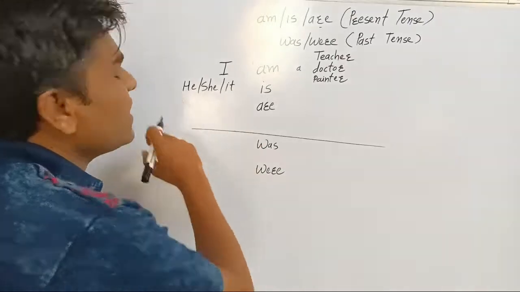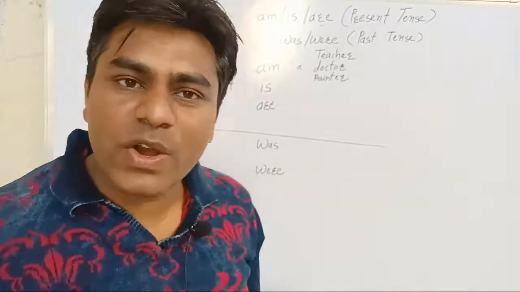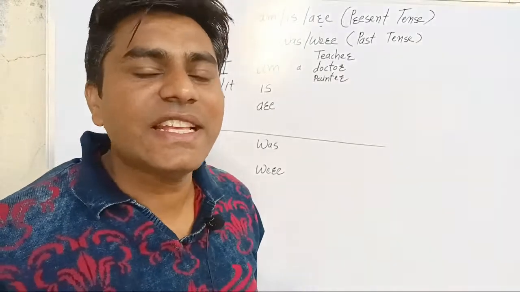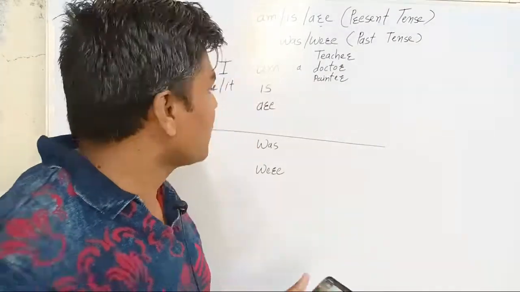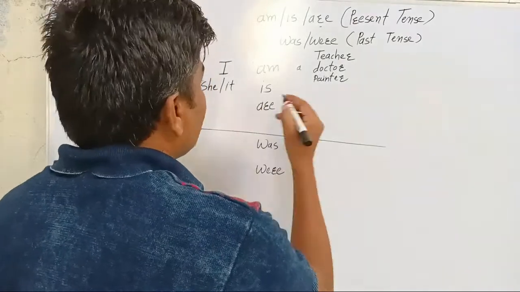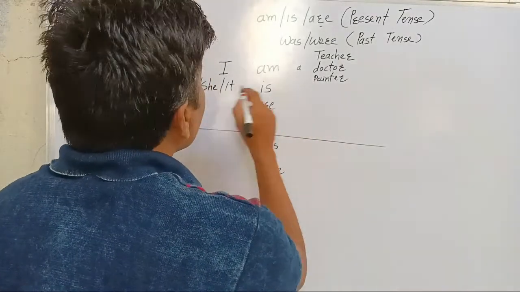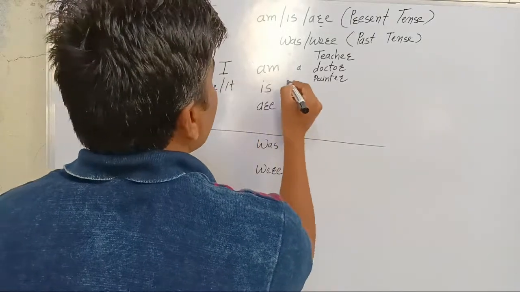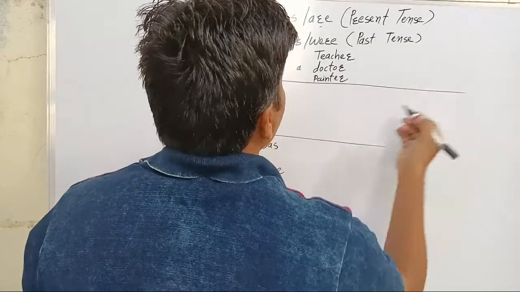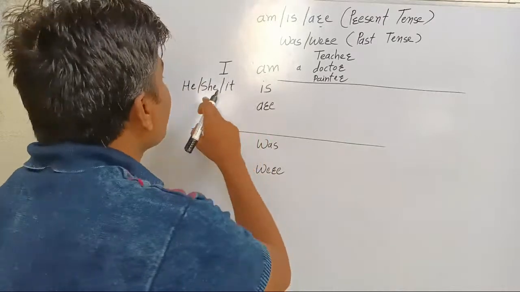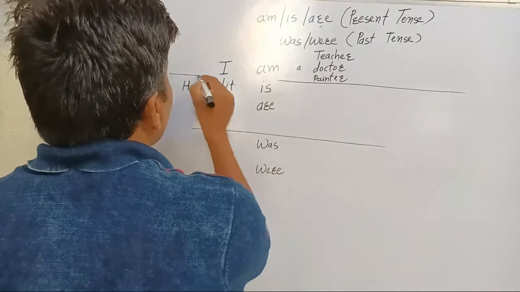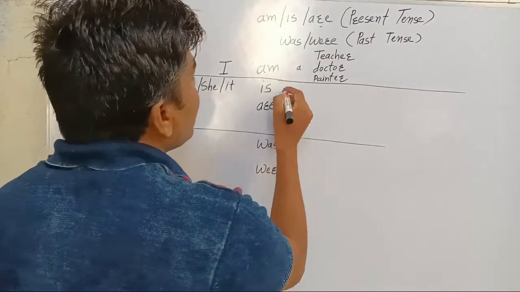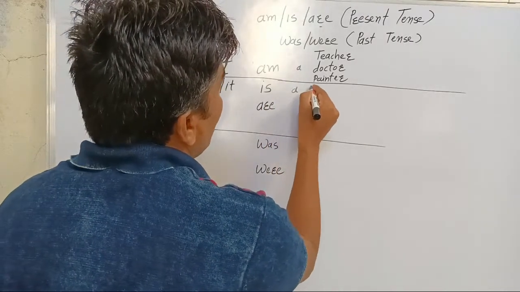So these are the third person pronouns that we can use with the auxiliary verb is. Now I write here so we can understand the difference.